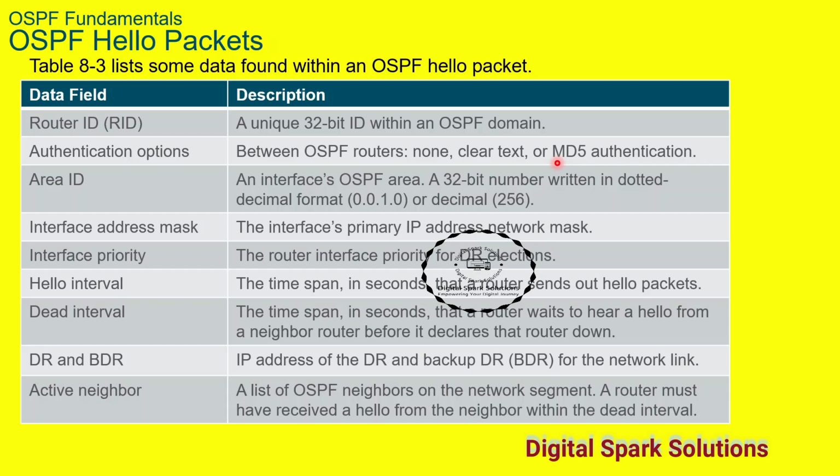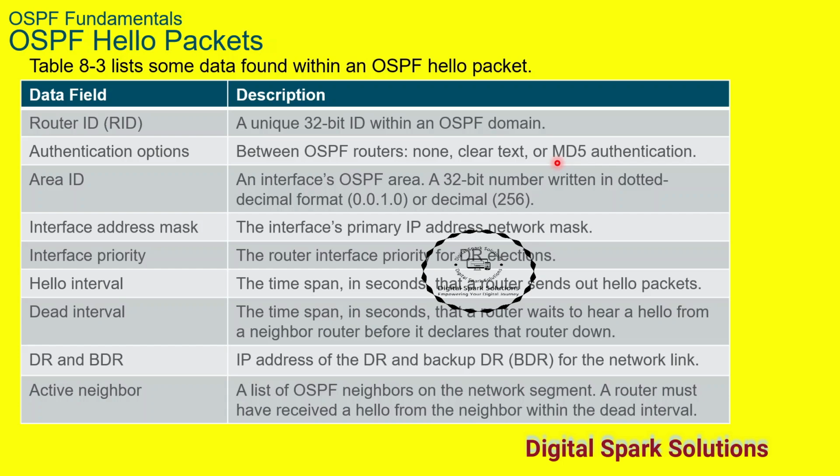Then interface address mask and interface priority. The router interface priority is used for DR elections. DR elections are done in multicast type networks. Then we have the hello interval and dead interval. These are the time intervals at which packets are sent to the routers.